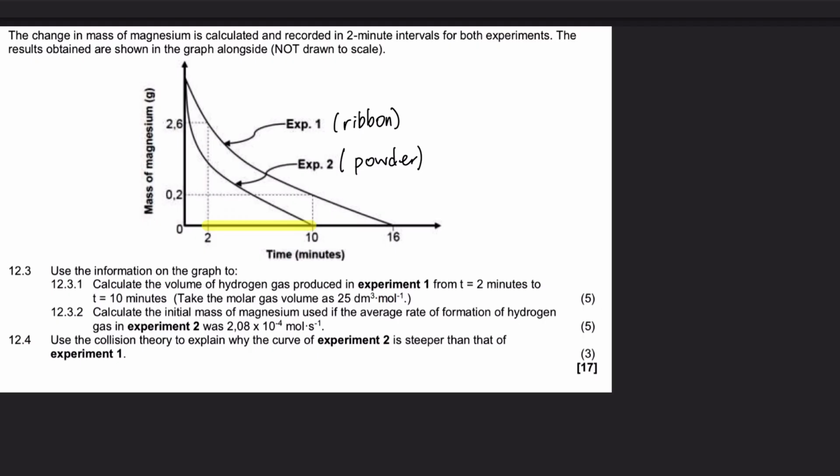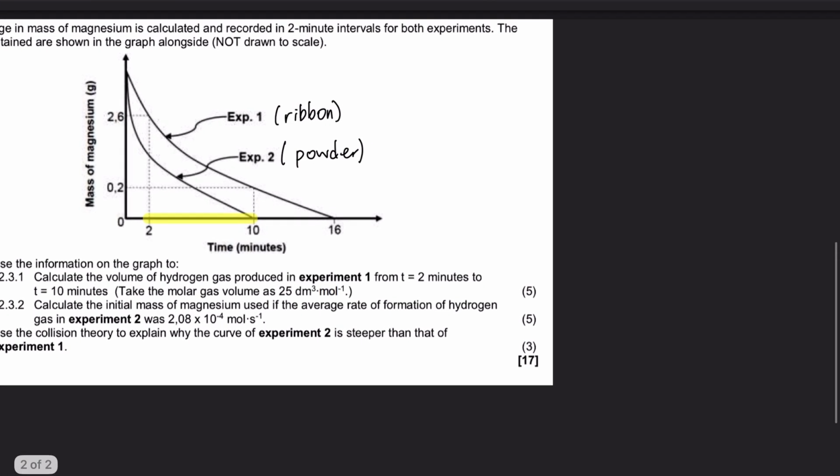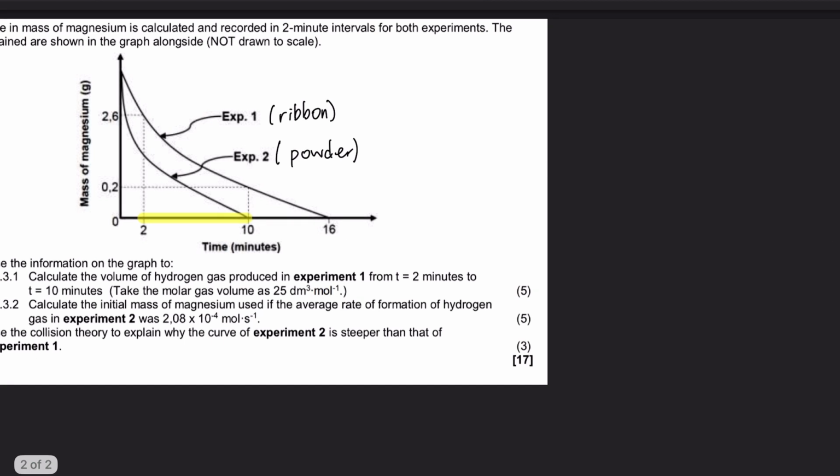Let's start with our formula, that makes the most sense. They want the volume of hydrogen gas, so our formula, 12.3.1, is number of moles equals V divided by Vm. Since we want the volume of hydrogen gas, we need the number of moles of hydrogen gas.